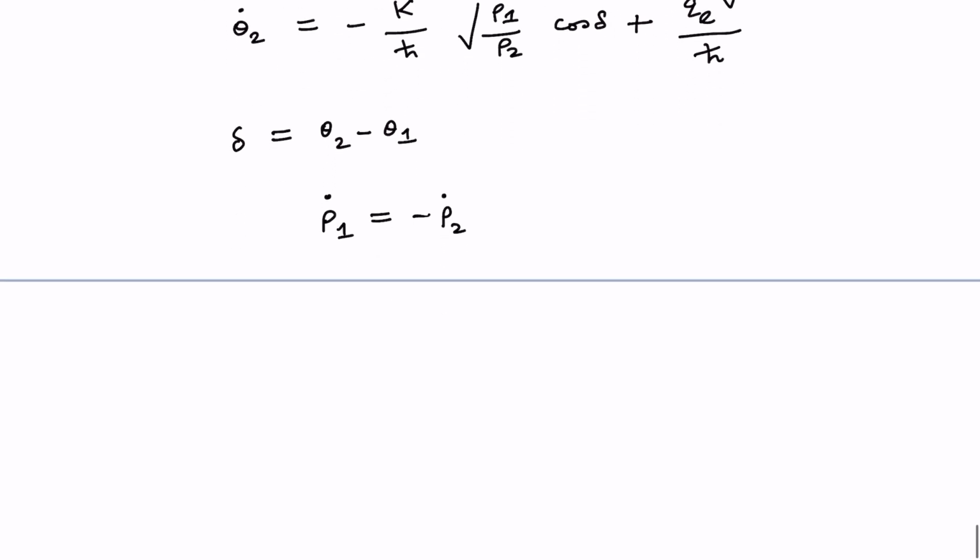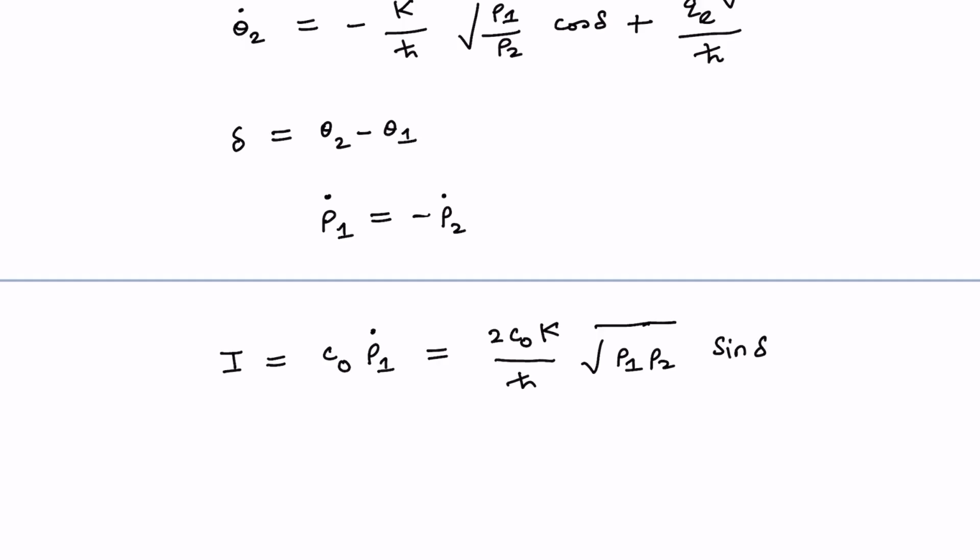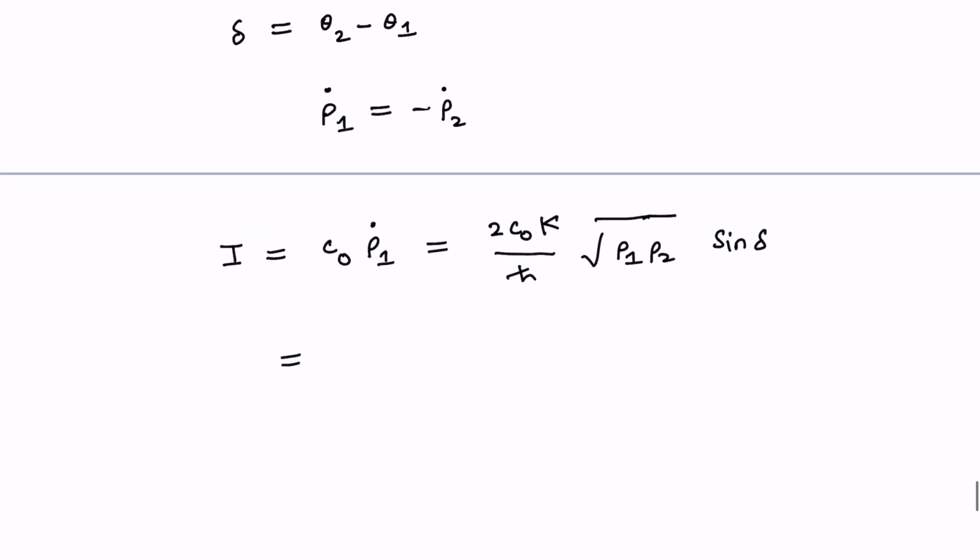And the current across the junction is I equal to rho 1 dot into some proportionality constant, say C0. This I can now write as twice C0 times rho 1 dot, and rho 1 dot is equal to 2k divided by h bar times the square root of rho 1 rho 2 sine delta, and this I can now write as I naught sine delta.